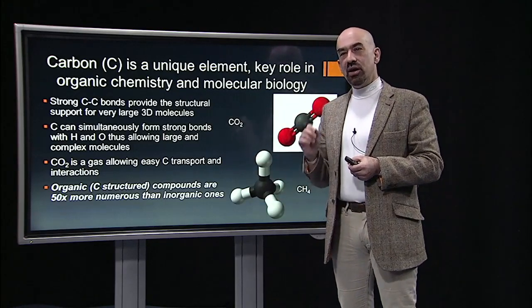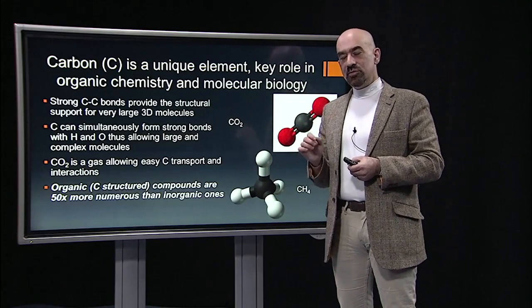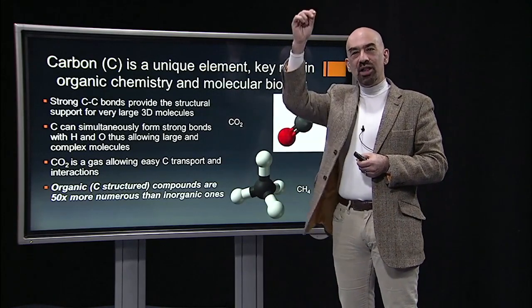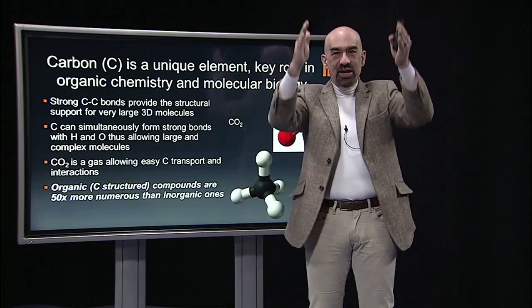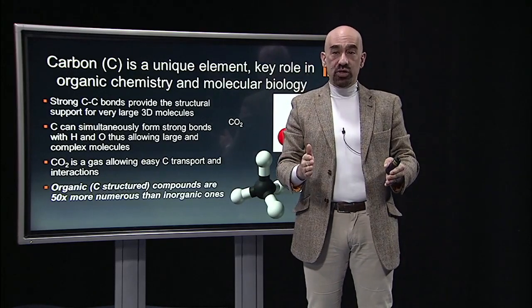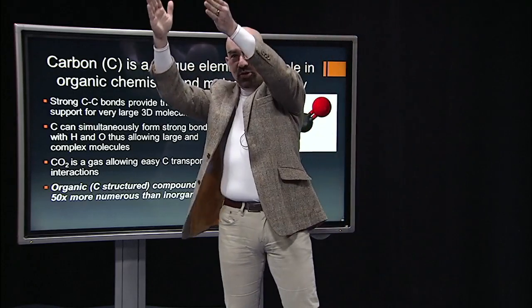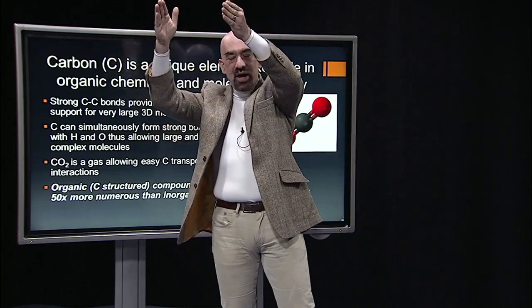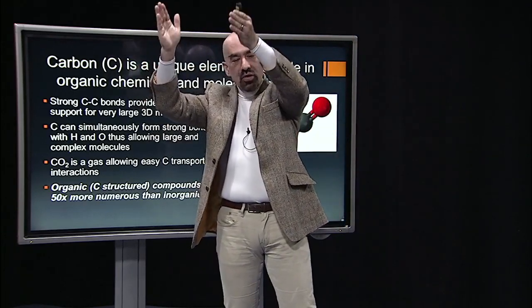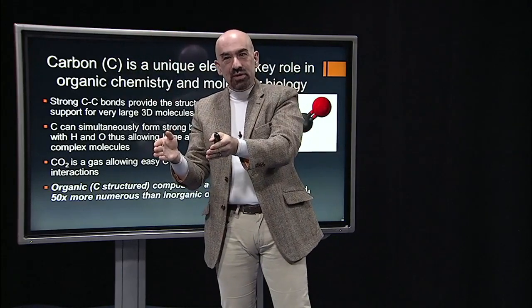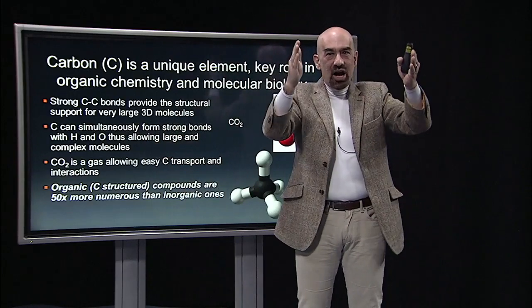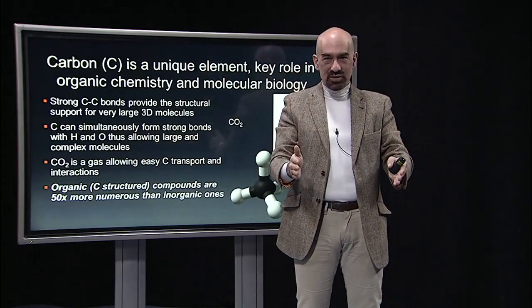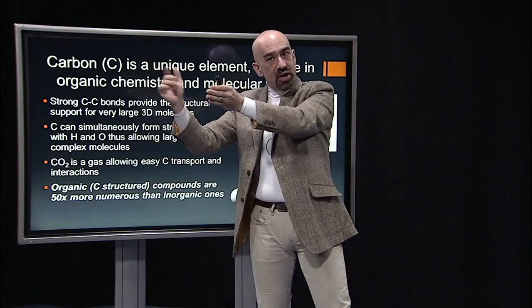One measure of the richness of carbon: when you make a list of all the molecules that we know of in nature, and you make a list of the organic molecules, those are ones that bond with carbon, and the inorganic molecules, those that bond with all those other elements in the periodic table but don't bond with carbon, there are 50 times more organic molecules than inorganic molecules.